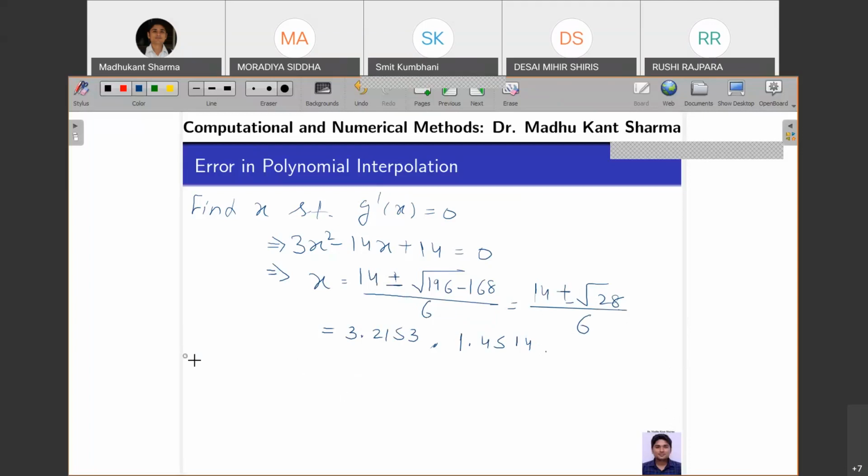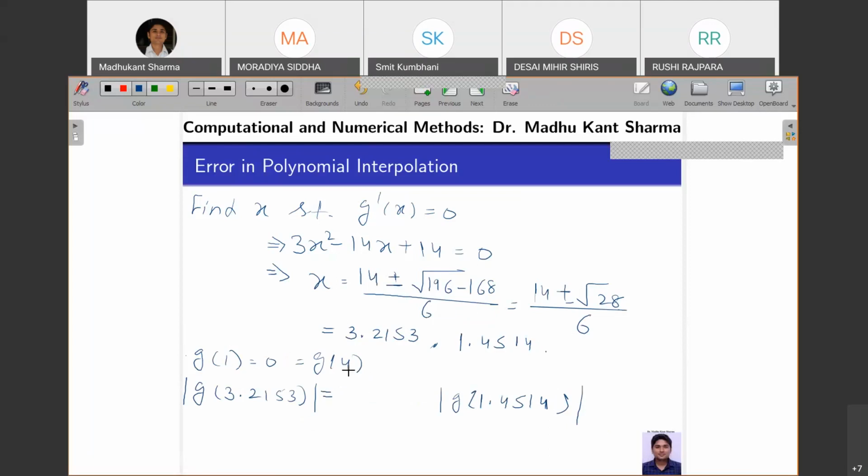Check g at 1, that is 0, equal to g at 4. Then check g at 3.2153 in magnitude, what is the value, and the magnitude of g of 1.4514. Then you take the maximum value.